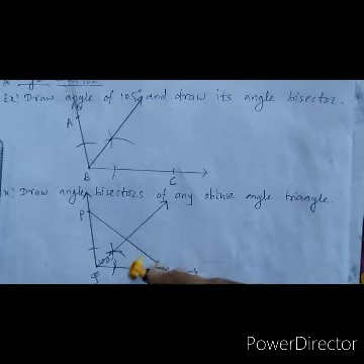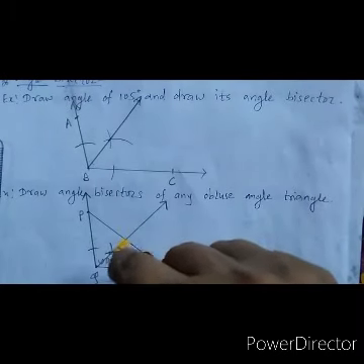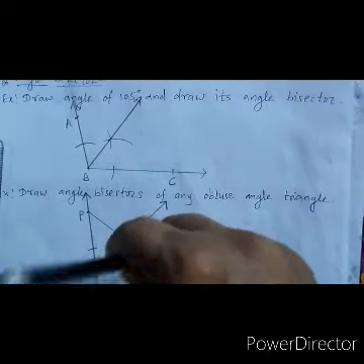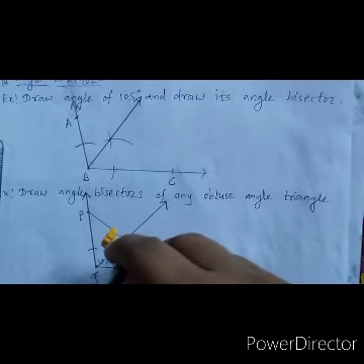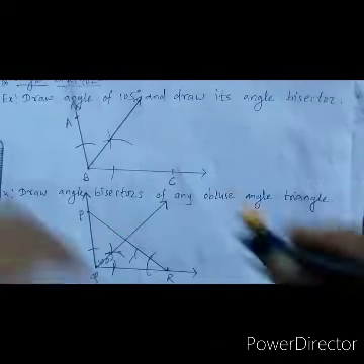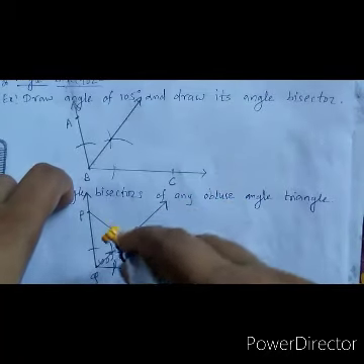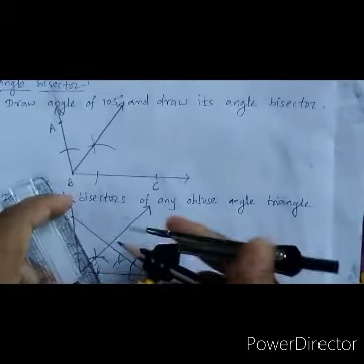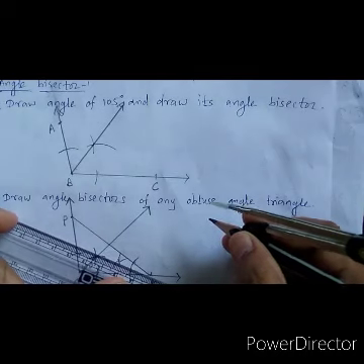Similarly we have to draw an arc from this point R. Don't change this distance. Now draw the arc. Now you will get the point of intersection of this arc.